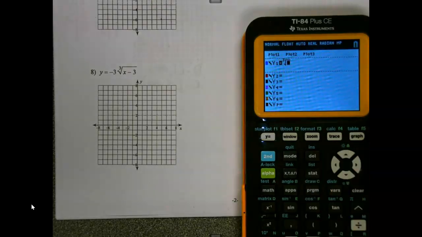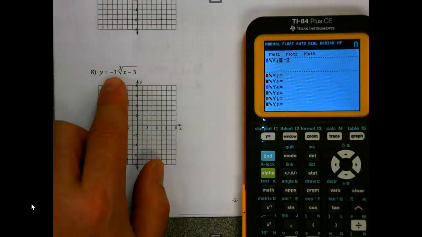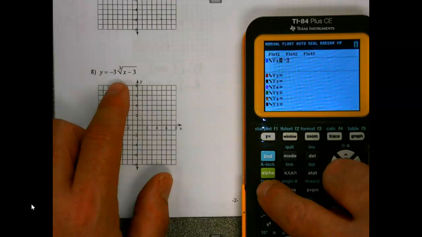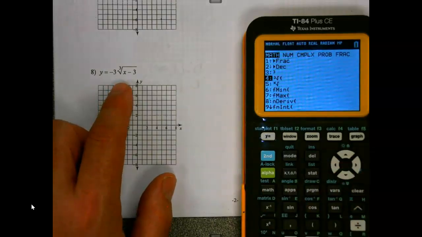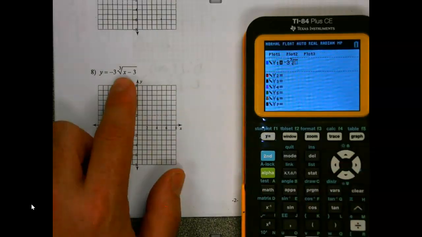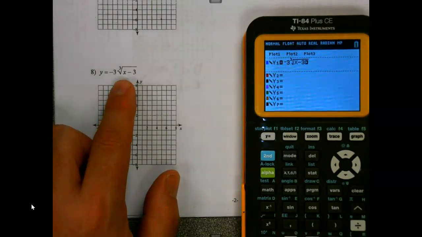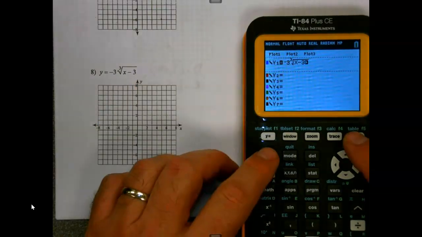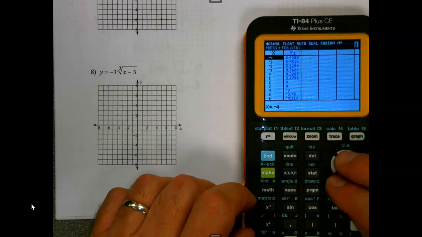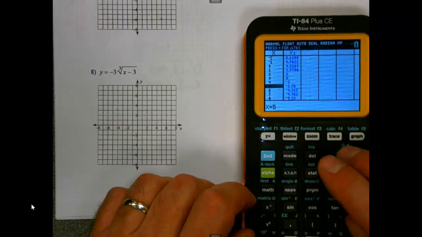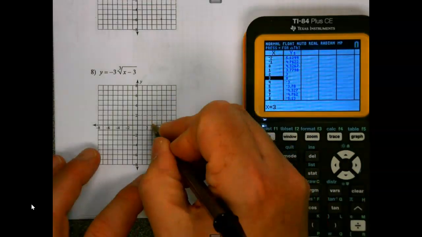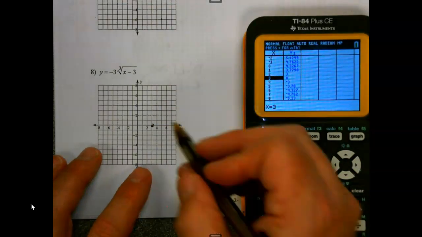But you're like, Hardy, there was something in front. Well, I should have thought about that ahead of time. So -3, you get to see it again now, though. Math number 4, there it is. X minus 3. Looks just like that does. Now these, I pull up a chart. Hardy, there's no error message this time. You're right. So I'm just going to take the values that they give me.